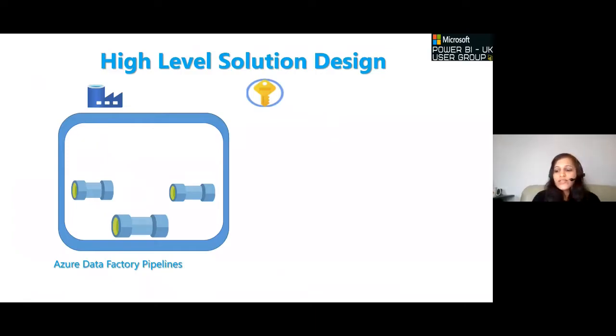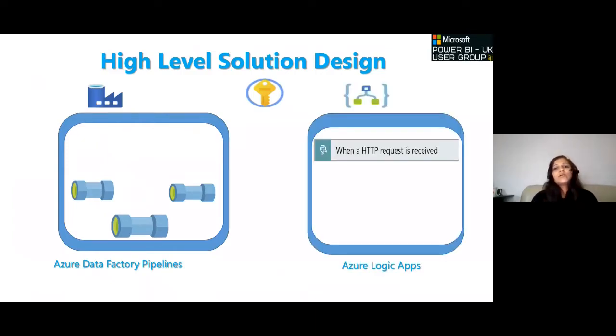So I have Key Vault as well, and I have Logic Apps. Logic Apps will refresh my Power BI. That's why I have used Logic Apps. So let's see, in my Azure Data Factory, I have pipeline one which loads data into, for example, Azure SQL Server or a warehouse.